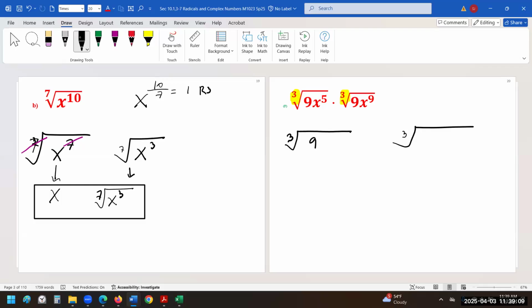So we have 9 times 9, x to the 5 times x to the 9. So you multiply the numbers, you multiply the variables, and since they are different from one another, we use 2 different houses for them. One house is for the numbers, and one house is for the variables.